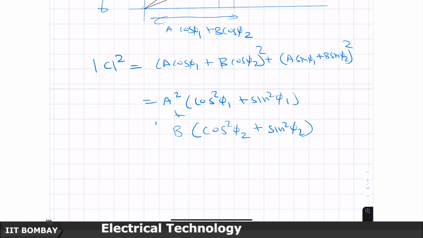So now when I do A plus B whole square, it is A square plus B square plus 2AB.